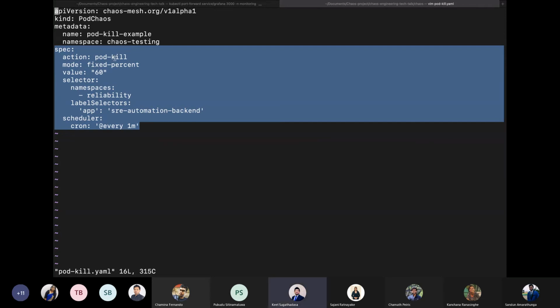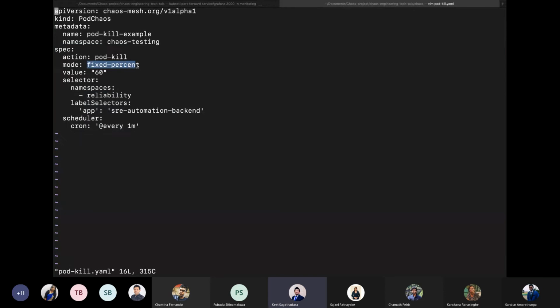We have a perfectly running system right now with proper user traffic, but I want to kill the pods now. And I want to kill it in a fixed percentage. I want to kill 60% of the pods. So this will be running where it is killing 60% of the pods. And as you can see in the bottom, it will be running every 1 minute.